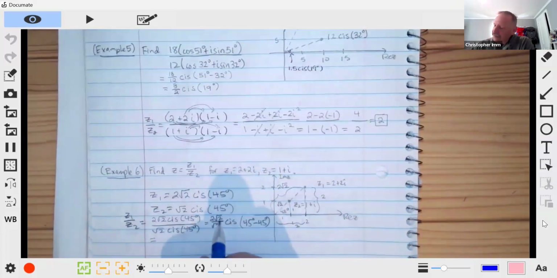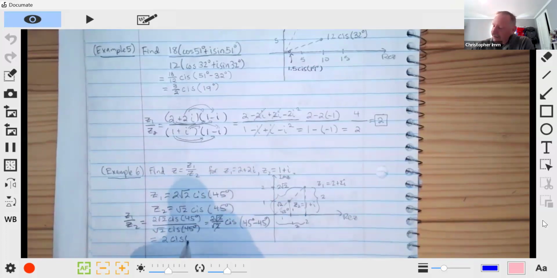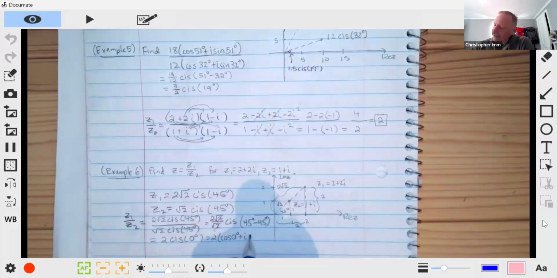Of course, 2 root 2 over root 2, the root 2's factor out, so I have 2, and then 45 minus 45 is 0. So I end up with 2 cis 0, and that one's going to be 2 cosine of 0 plus i sine of 0. And we know that cosine of 0 is going to be 1, and sine of 0 is going to be 0.